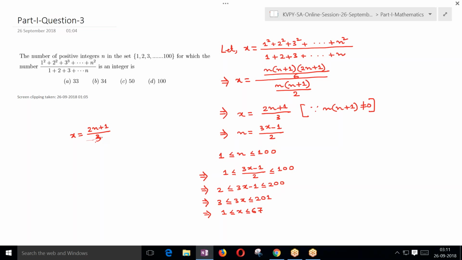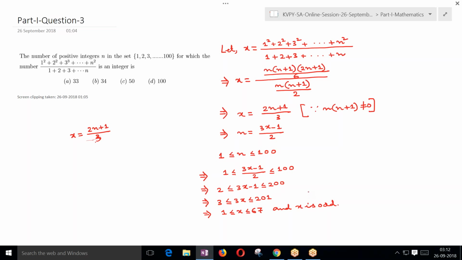So what we conclude is that in addition to 1 less than or equal to x less than or equal to 67, another thing has to happen, that x is odd. So how many such numbers are possible?